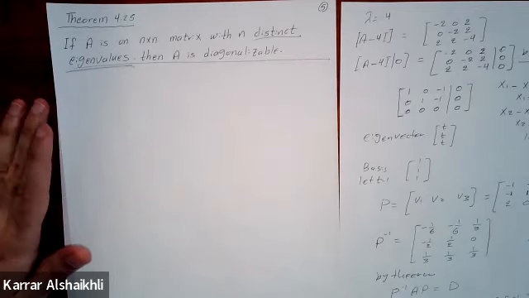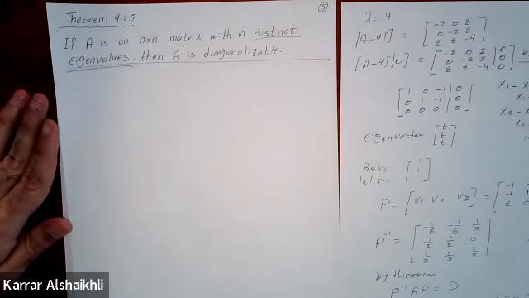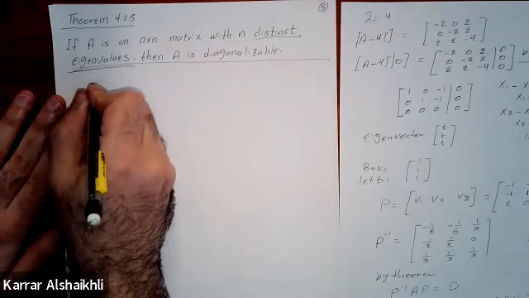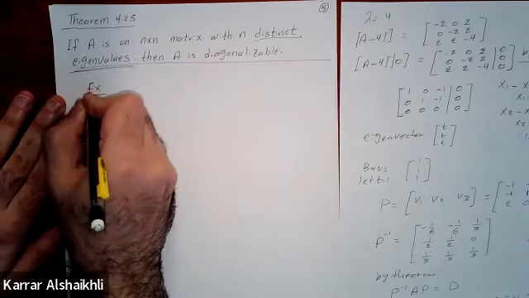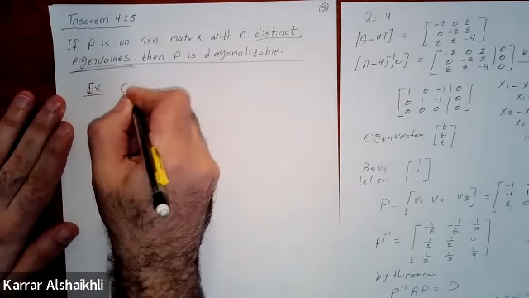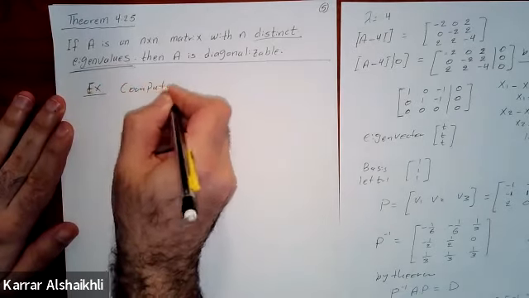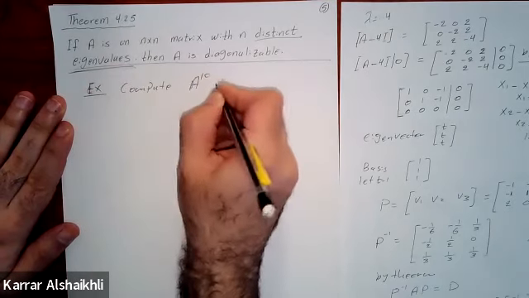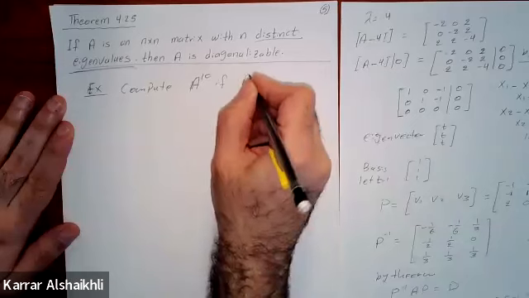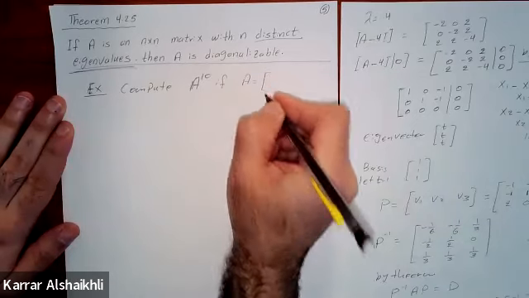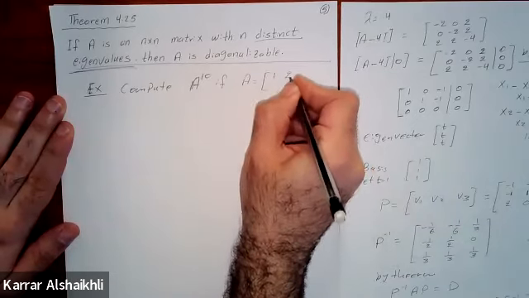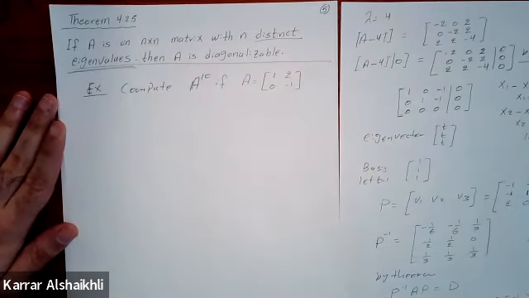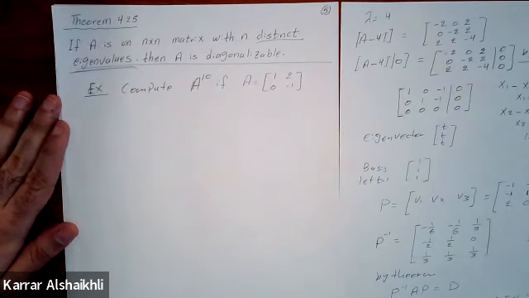Before, one more example, they ask you to compute A to the power of 10 if A equals 1, 2, 0, -1. Okay? We'll do exactly the same process.